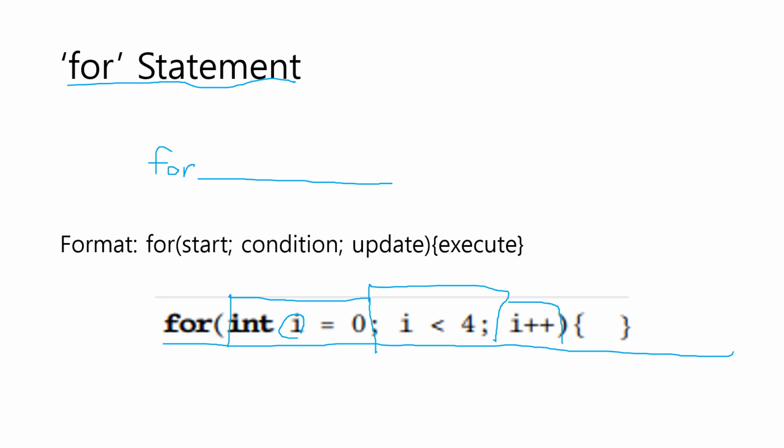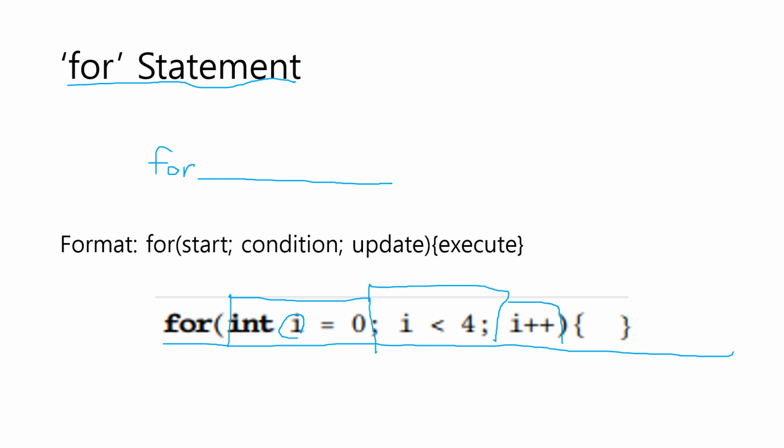So if we start with for int I equals 0, I is less than 4, and I plus plus, the first time we start, I would be initialized as 0. And we would run through the code with I being 0. Then, after hitting the end of the code block, we would return again to the for part.